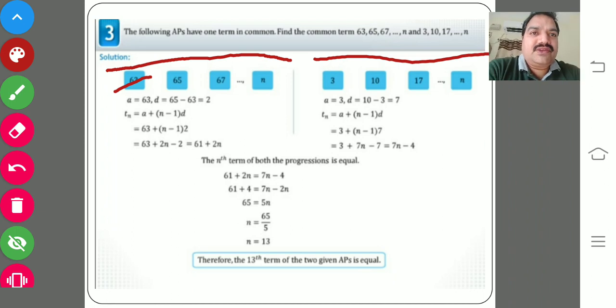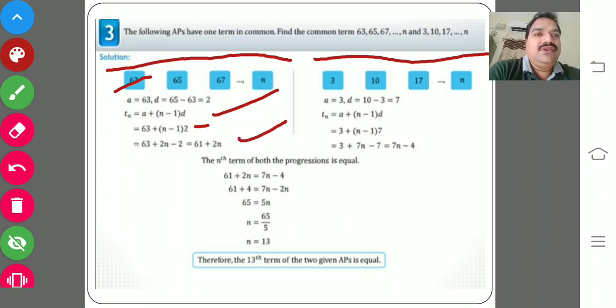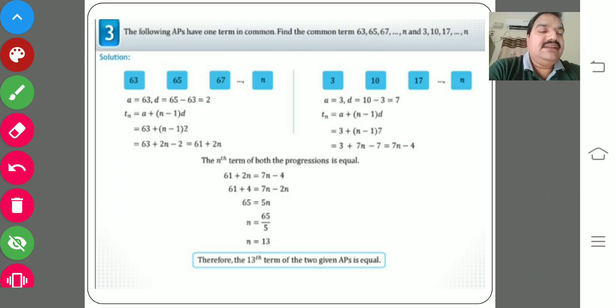Here you find Tn equals A plus n minus 1 into D. A value is 63, D is 2, so you get 63 plus 2 into n minus 1, which is 61 plus 2n. Keep it in one place. Now the next problem: here A equals 3, D equals 10 minus 3, which is 7.